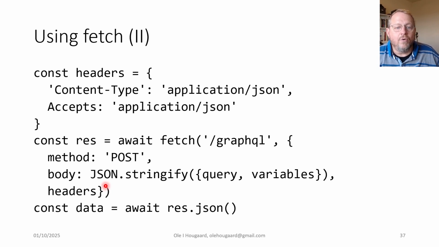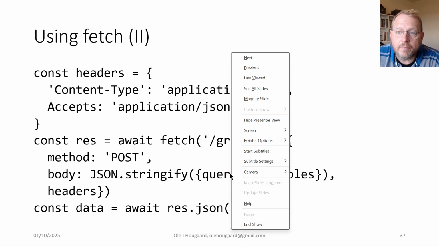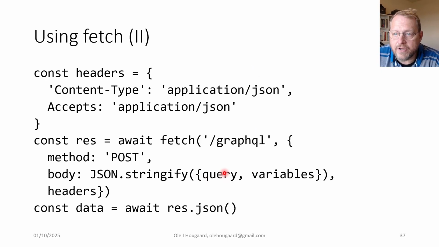So when we do call, let's start down here. What we're doing is making an object that has a query property with the string I showed you on a previous slide. It has a variables property, that's the object I showed you on the previous slide with the ID. And we make that into a JSON string, and we post that to the URL.